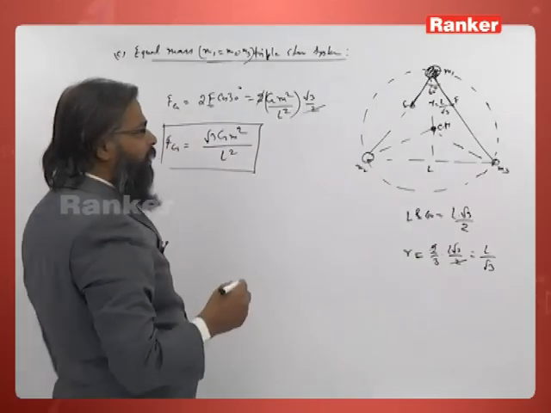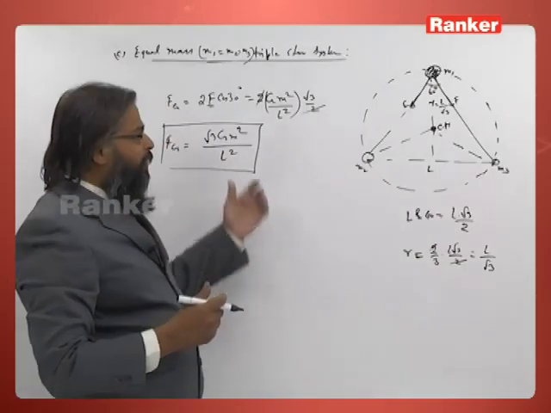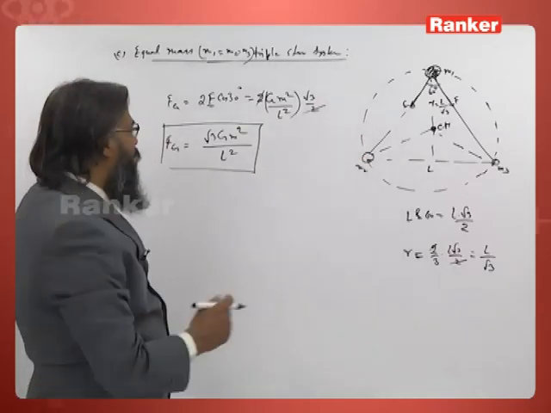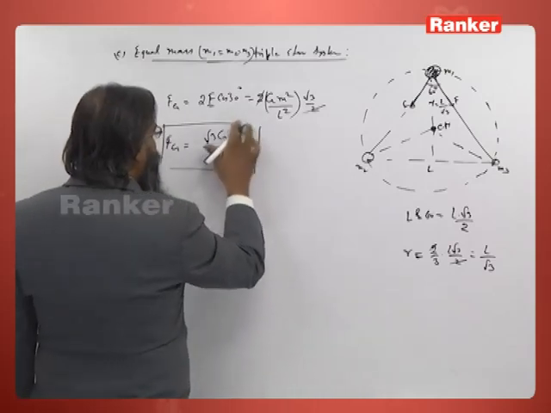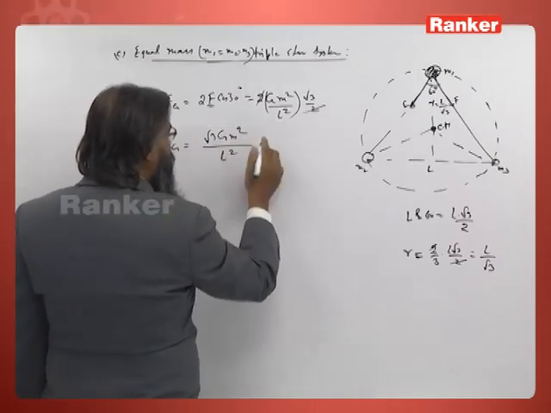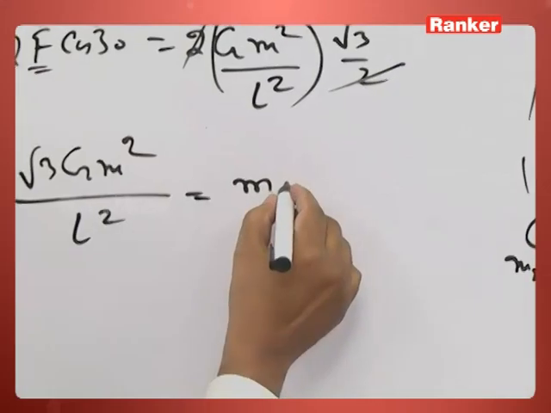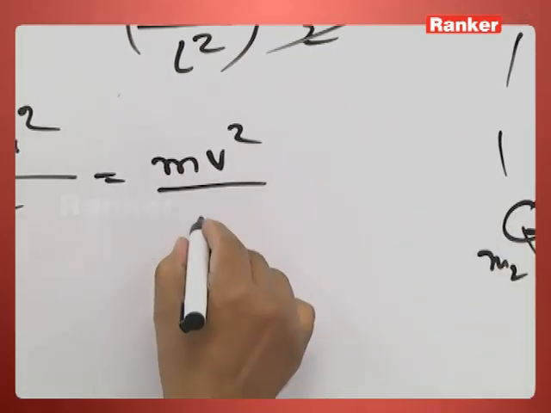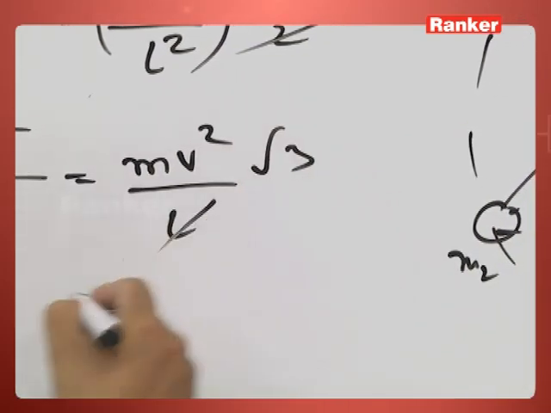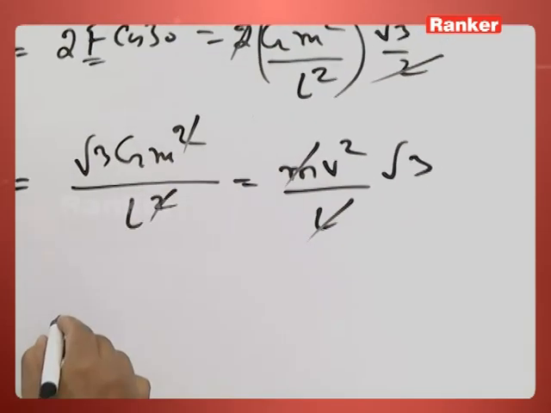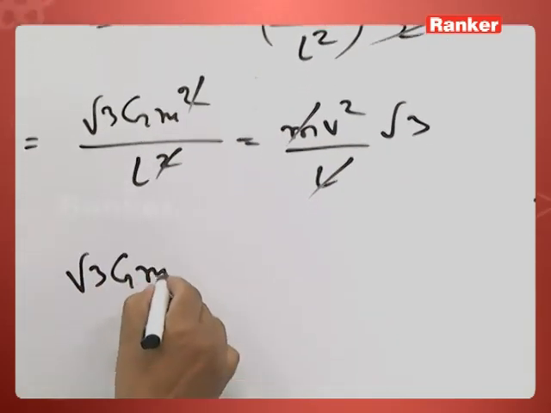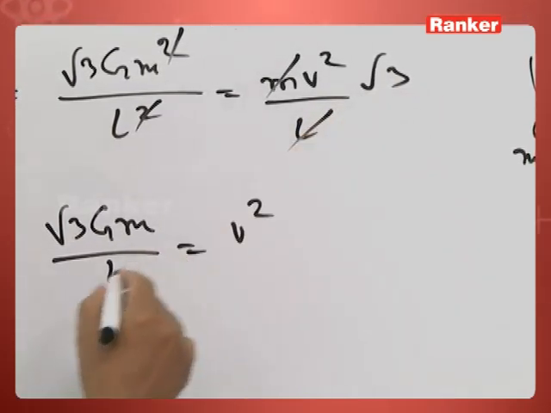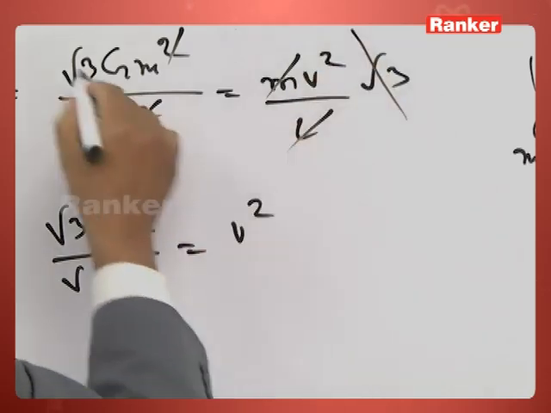Now, this force provides the necessary centripetal force so that the star can negotiate that circular path. So, this is equal to m v square by r, where r is L by root 3. So, one L, one m cancelled. So, we have root 3 G m by L is equal to v square over root 3 moved to this side, so this cancels out.